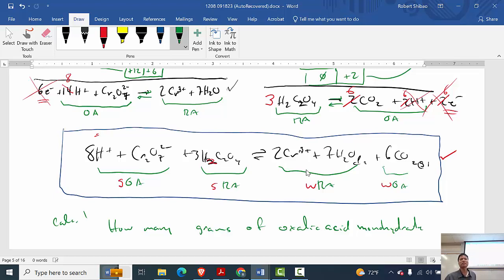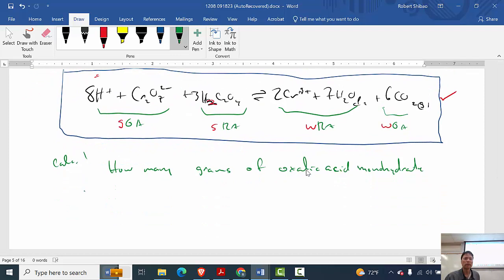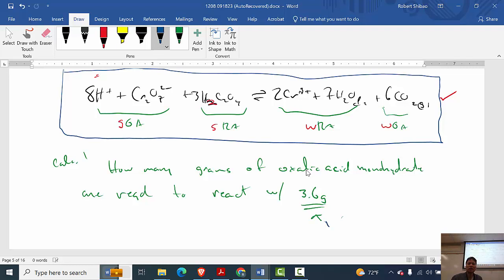How many grams of oxalic acid monohydrate are required? How many grams of dichromate did you use? .6 grams was the amount that the procedure asks you to use. Instead, use your mass.